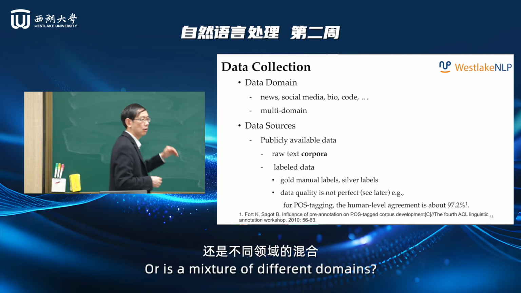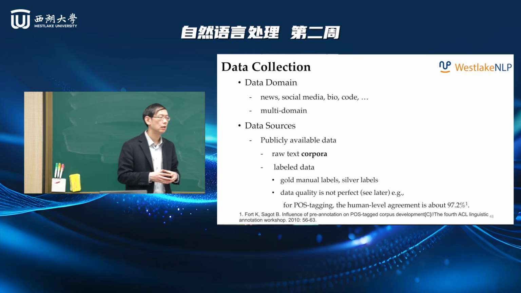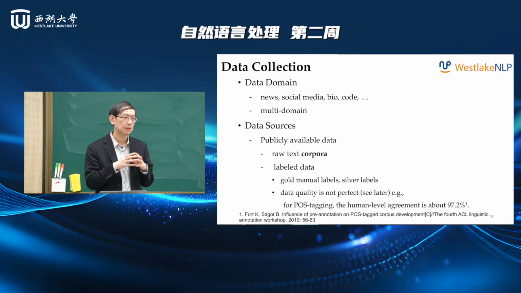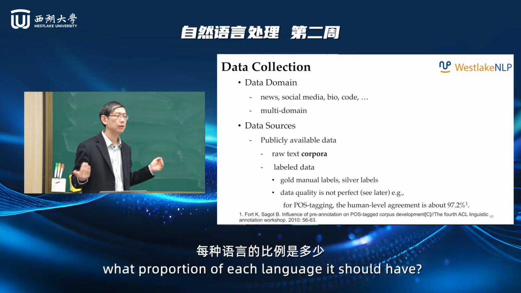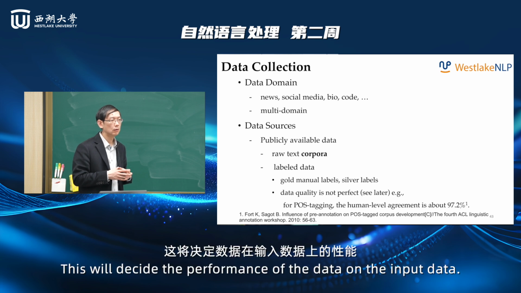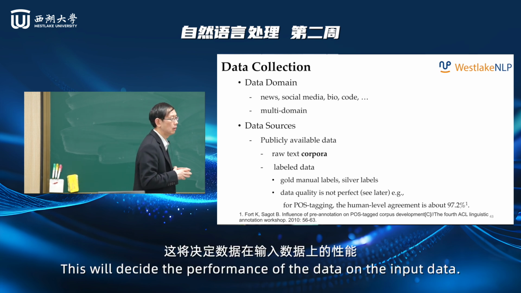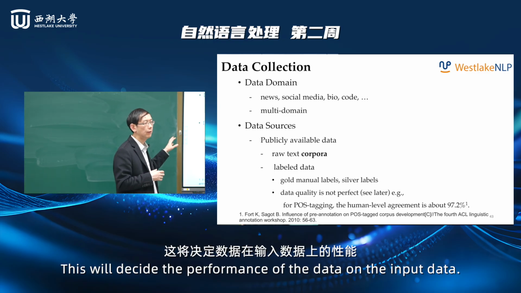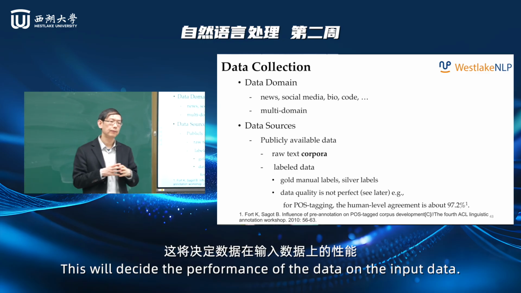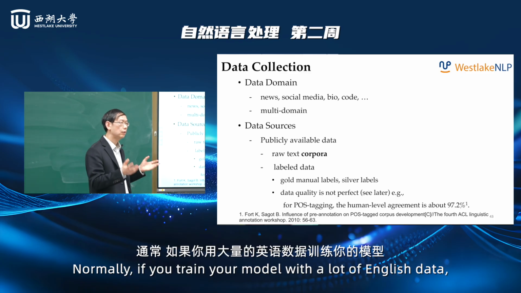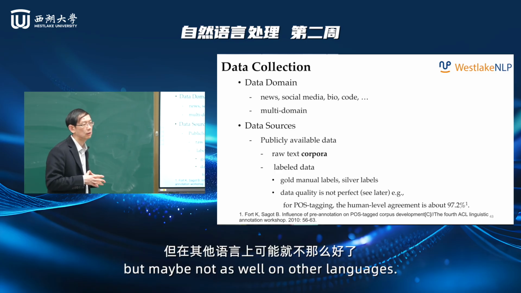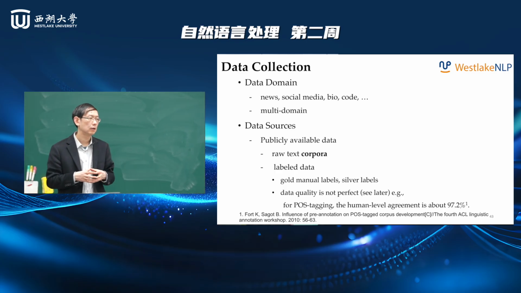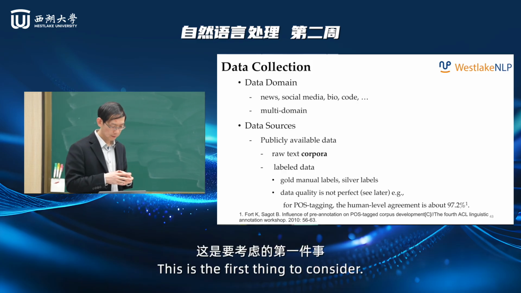Or it's a mixture of different domains. Or it's a mixture of different languages. If it's a mixture of different languages, what proportion of each language it should have? So this will decide the performance of the model on the input data. Normally, if you train your model with a lot of English data, it'll perform very well on English, but maybe not as well on other languages. So this is the first thing to consider.